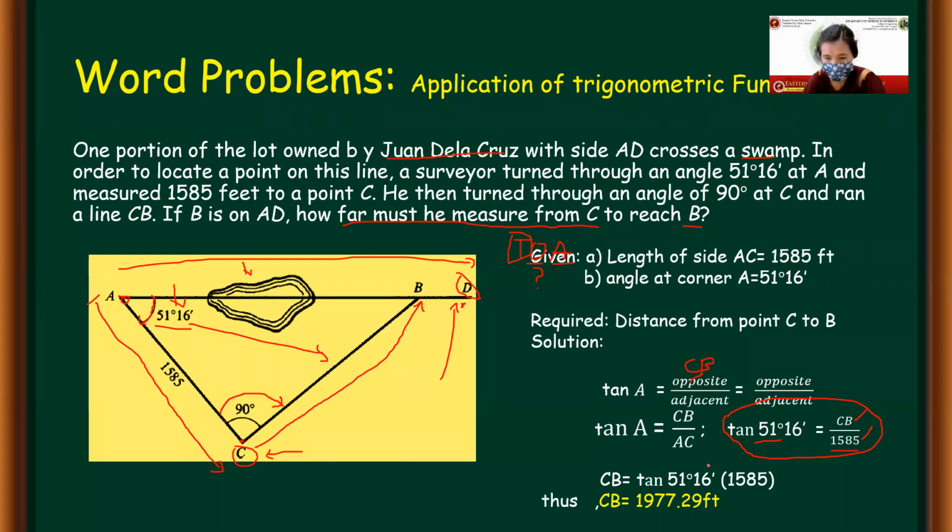So the answer is tangent 51 degrees 16 minutes times 1585, which is equivalent to 1976 point 0.05. So this one is wrong.